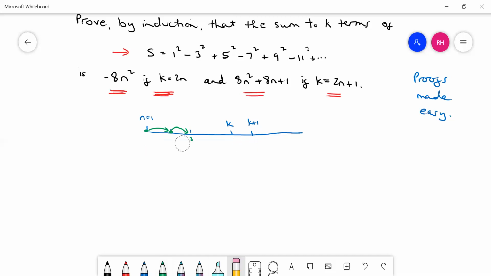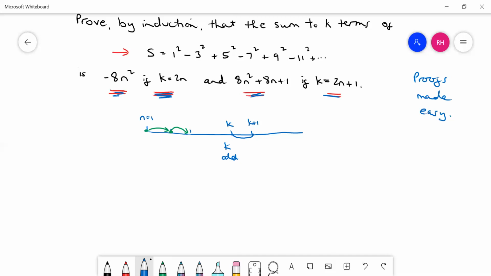Now, the difference here is that we can't do it that way. Well, actually, that's not quite true. We could do it that way, but there's a complication because of what I said back here. We've got different sums depending on whether k is even or odd. So what you could do is say, okay, let's say k is odd, and I'll prove that if k is odd, then k plus 1, which is then even, of course, is true as well.